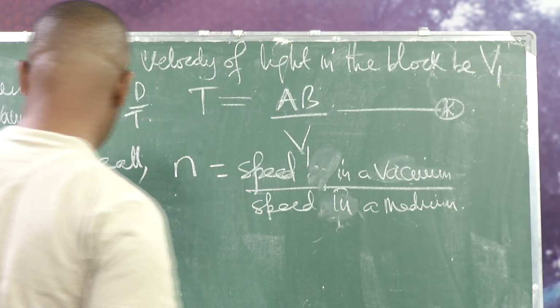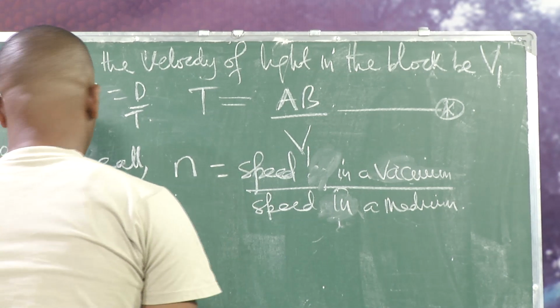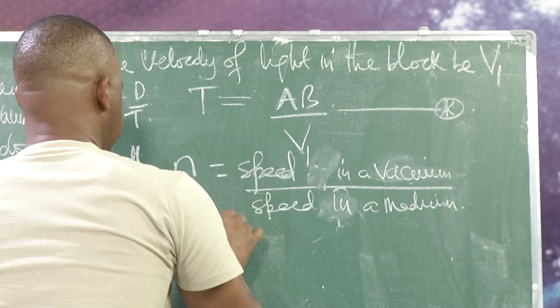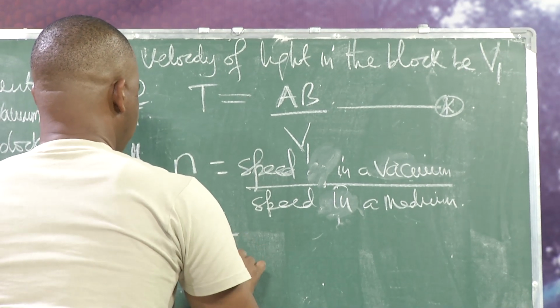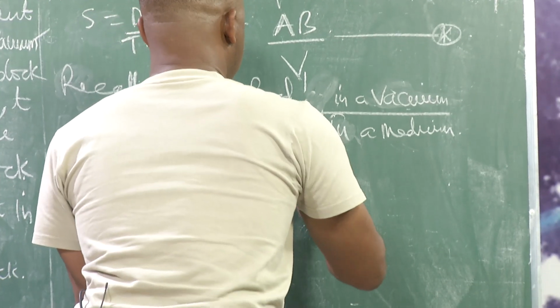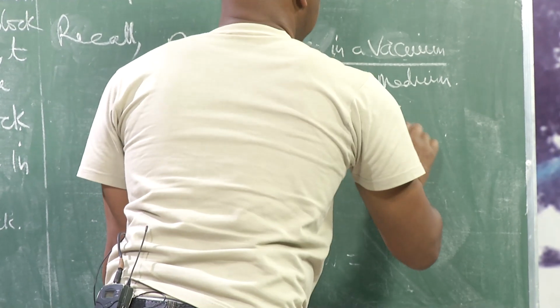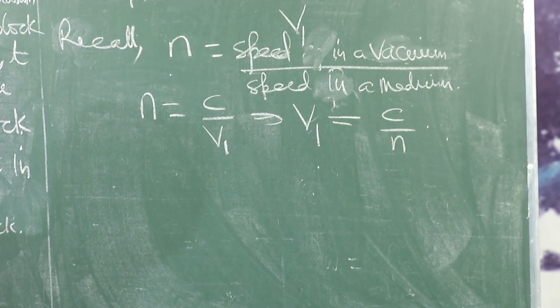Now the medium is the block and the speed is v1. So our n will definitely be equal to the speed in a vacuum, which is c over v1. And this implies that our v1, which we chose here, will therefore be c over n.